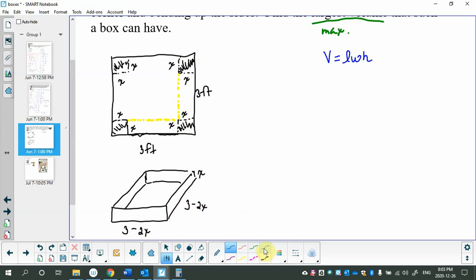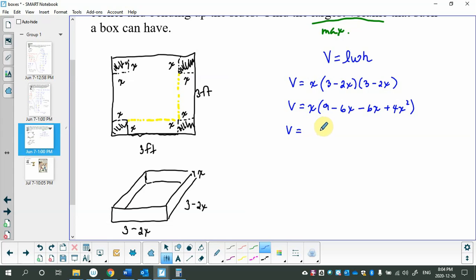And you can multiply these in any order you prefer. So I'm going to multiply them in this order. And you'll notice that I don't need a let statement, and I didn't even need the surface area. So I'm going to multiply this out. I'm going to FOIL first. 3 times 3, 3 times 2x, 2x times 3, 2x times 2x.